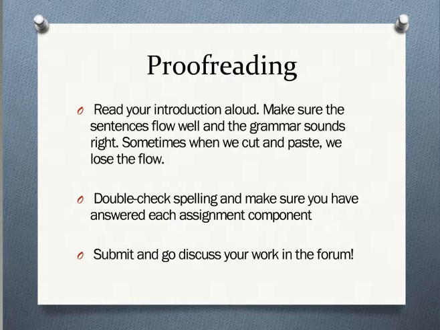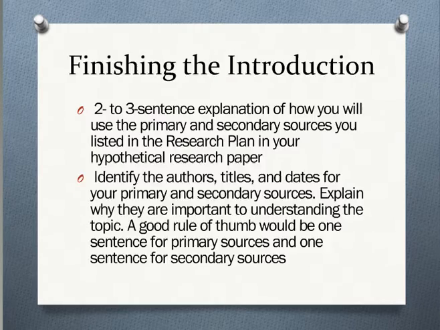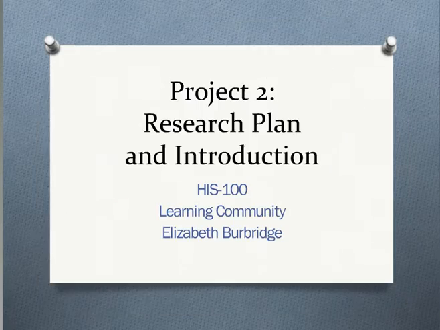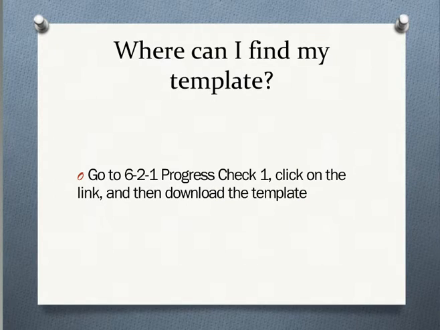So, Catherine, they must be from the research kit in your class. All primary and secondary sources have to be from the research kit. You are going into 621 and you are using a template for this assignment. Here, I'll go back to that page in case people weren't here at the very beginning. The template that you are using for this assignment can be found under 621 Progress Check 1.